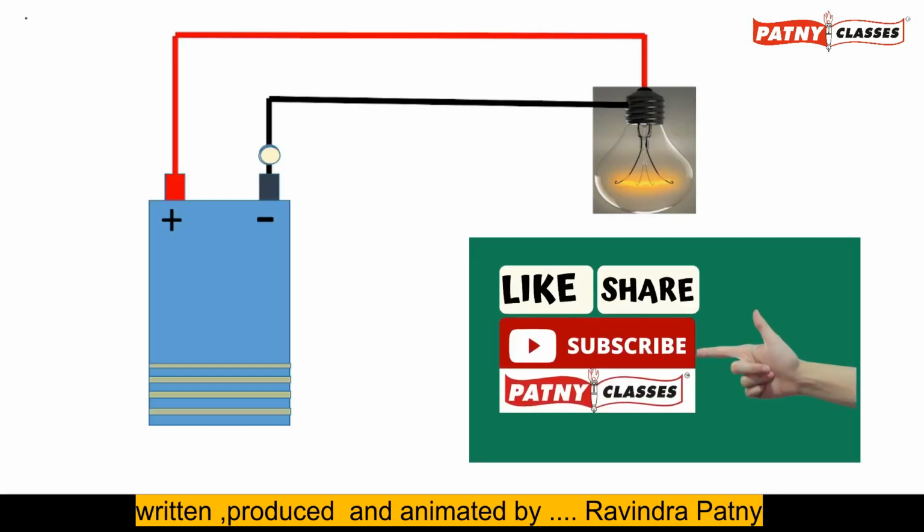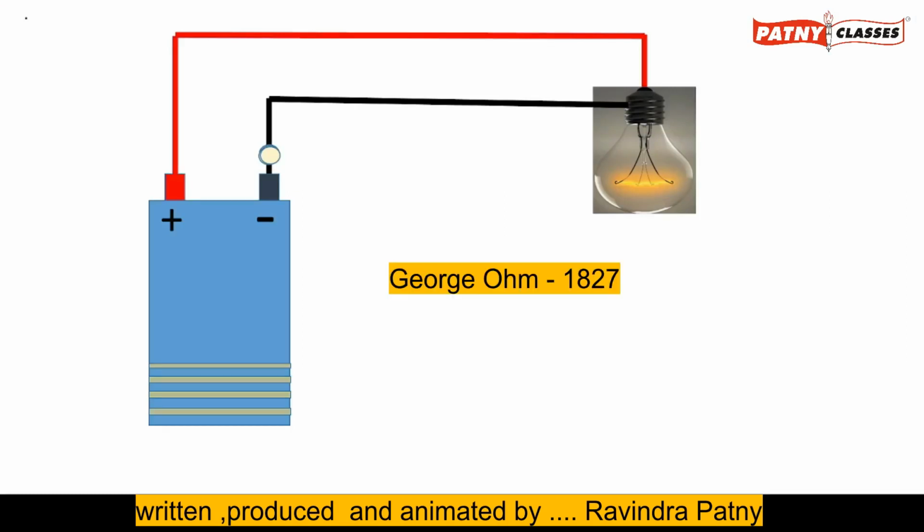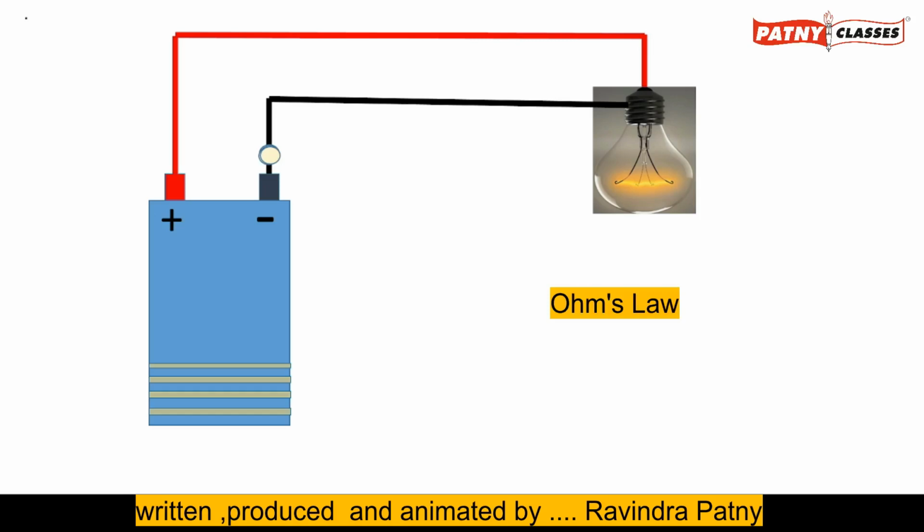In 1827, a German physicist, Georg Ohm, performed a large number of experiments to find the relationship between the potential difference applied across the ends of a conductor and the quantity of current flowing through it. He put the relationship between voltage and current into a theory called Ohm's Law.